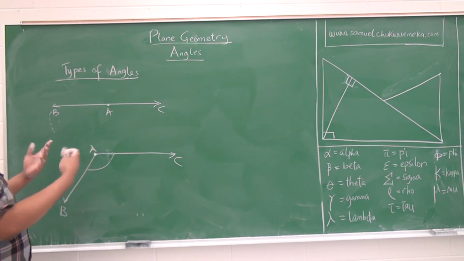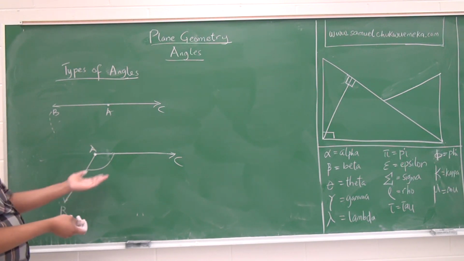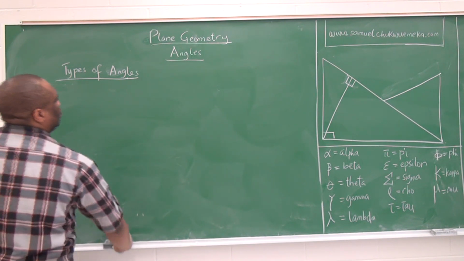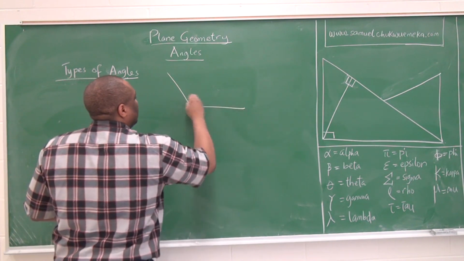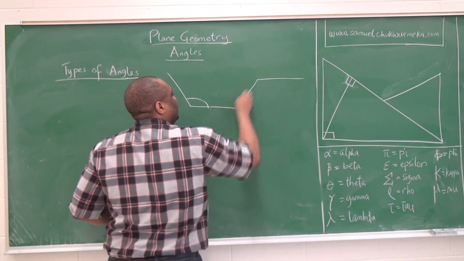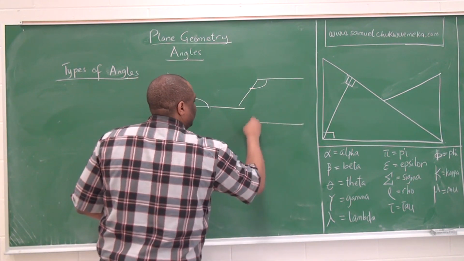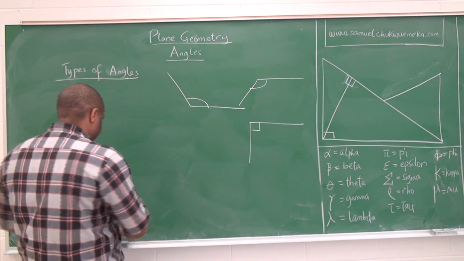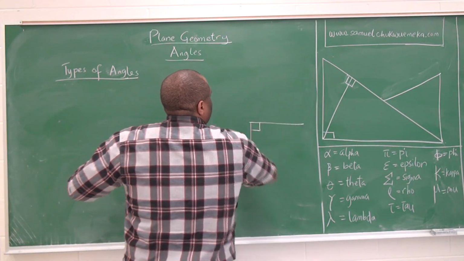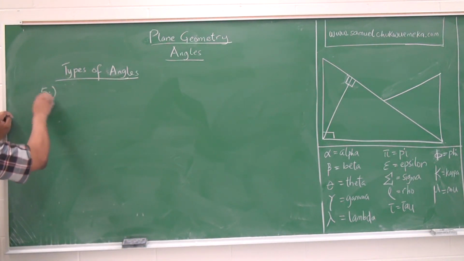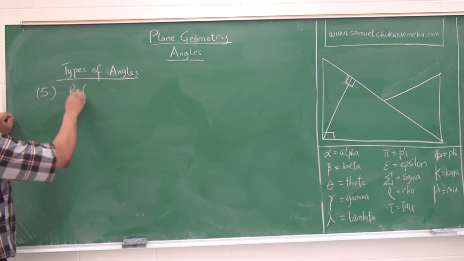Because if we keep bending it, it will give us obtuse, which is the same thing as obtuse. So obtuse is this or this. Remember, you can put this as right. Now, let's look at the fifth angle. We call it a reflex angle.